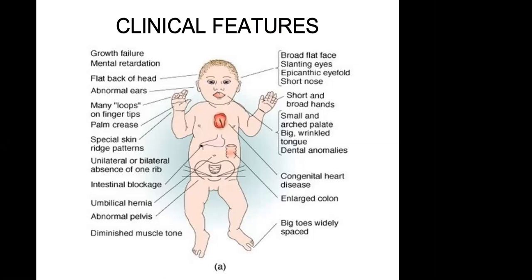They may have big toes widely spaced, sandal gap, diminished muscle tone, and they can present with any sort of intestinal blockade, and many loops on fingertips, palm crease, growth failure, mental retardation, flat back of the head, abnormal ears. So we all know these morphological features. By these morphological features, we work up to know whether he is having some abnormalities or not.